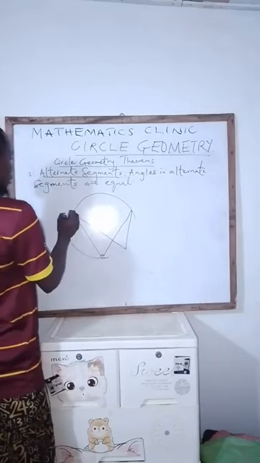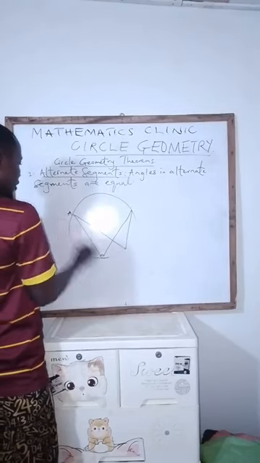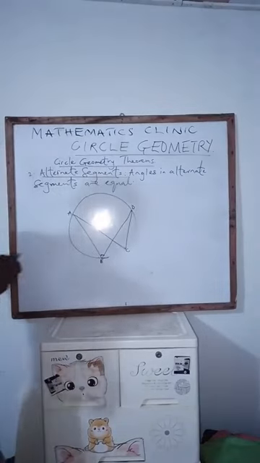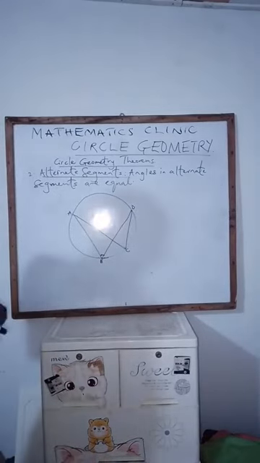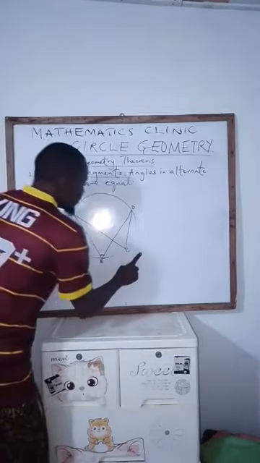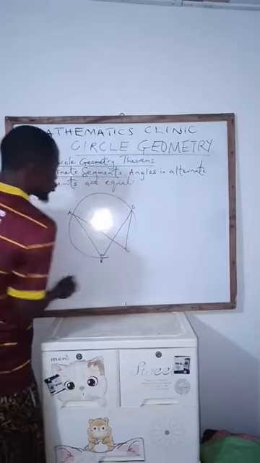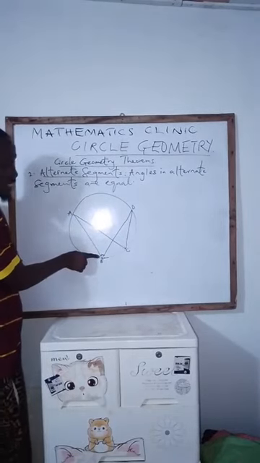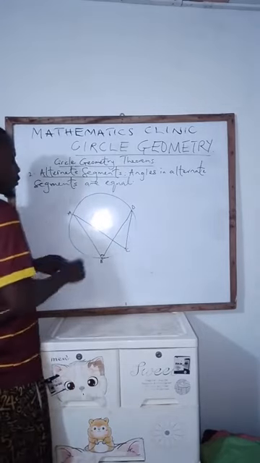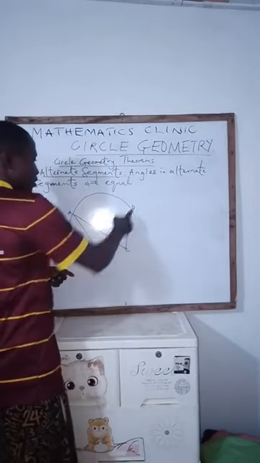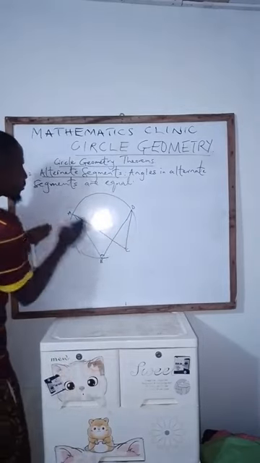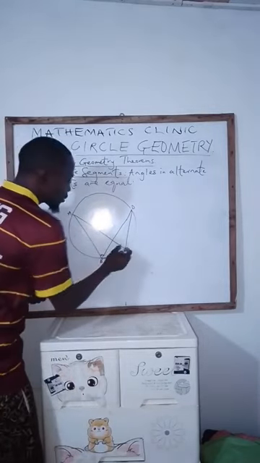Let me label it: this is A, B, C, and D. Chord AC has divided this circle into this segment and this segment. An angle is formed, angle B, right? Also, this chord BD has divided this circle again into this segment and this segment. Another angle C is formed there.